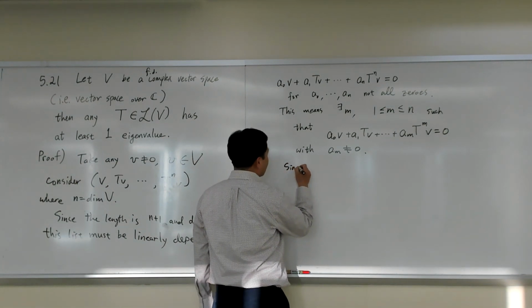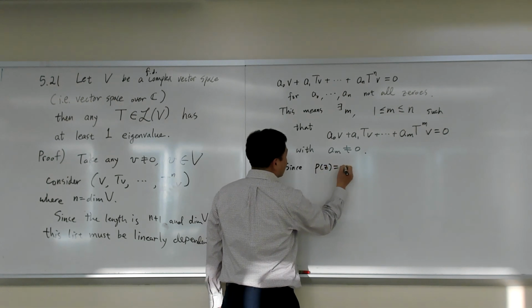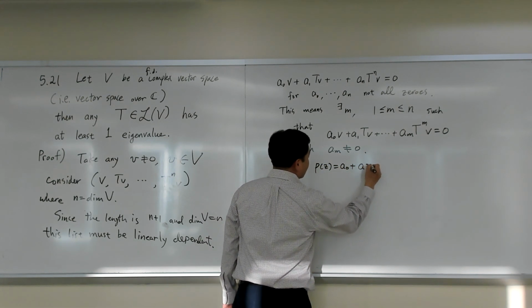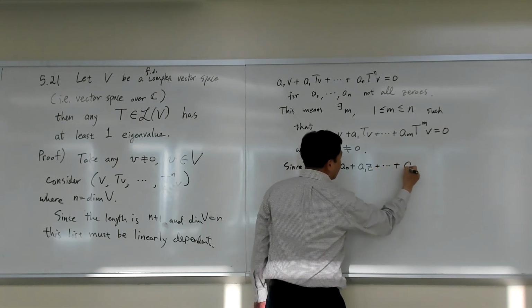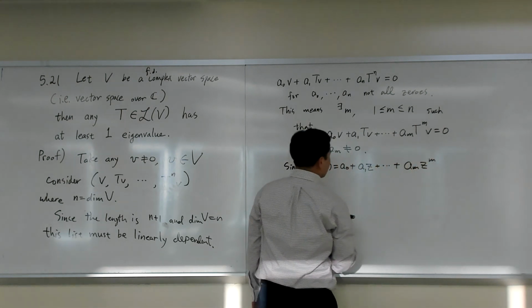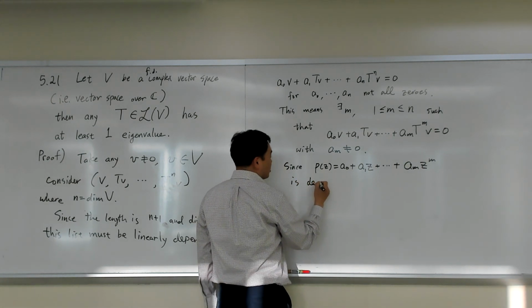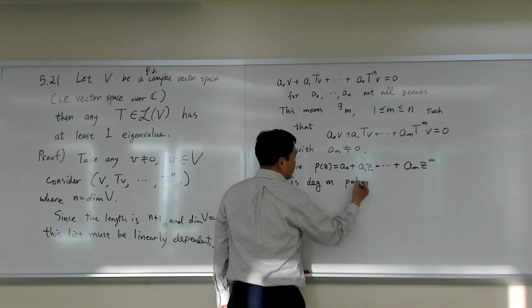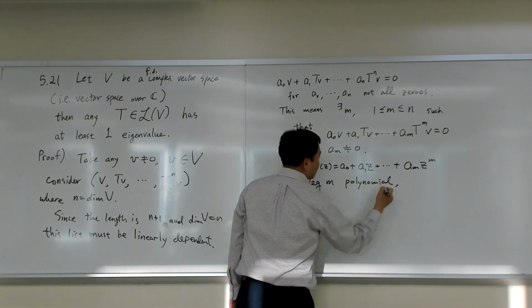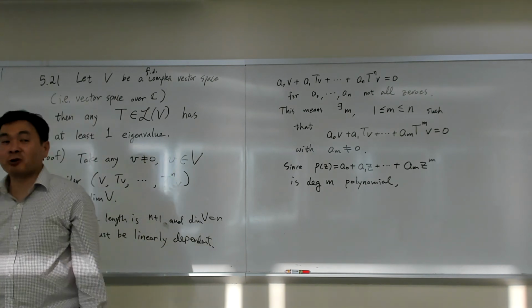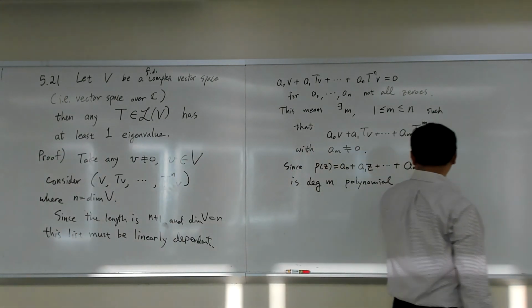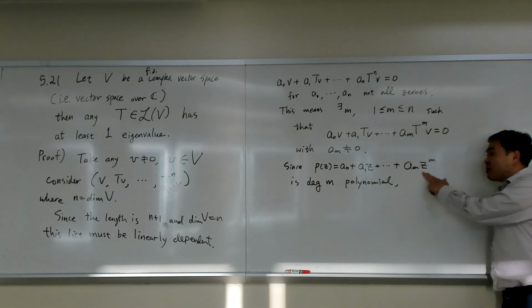But now consider, since P(z) is a degree m polynomial, the fundamental theorem of algebra says that this one has m zeros, counting multiplicities.